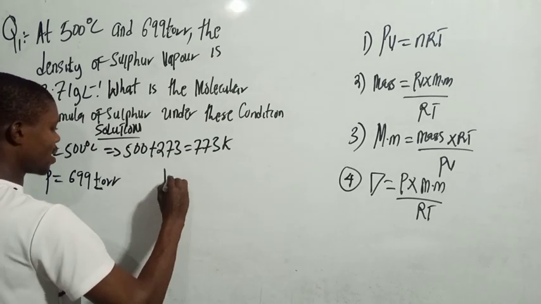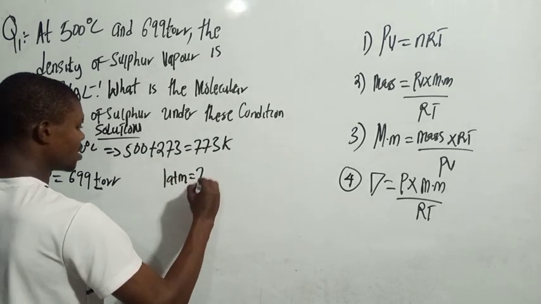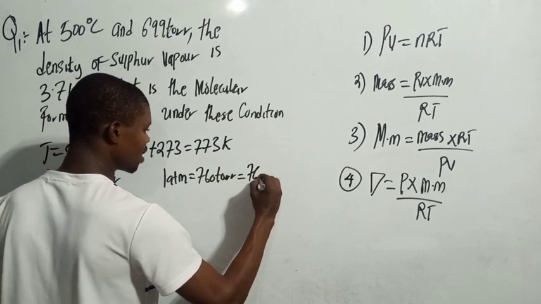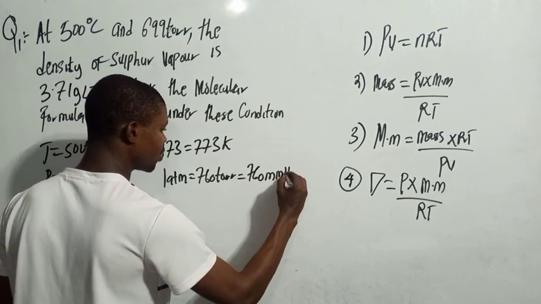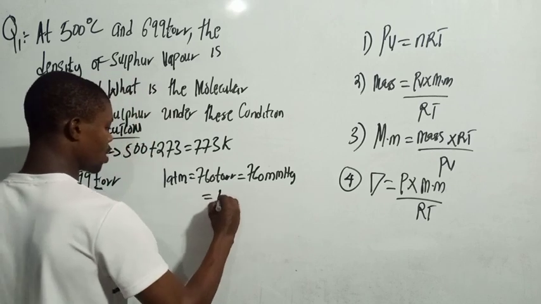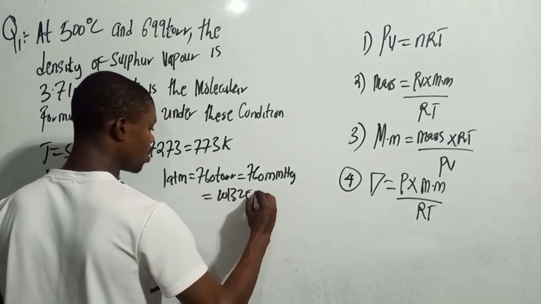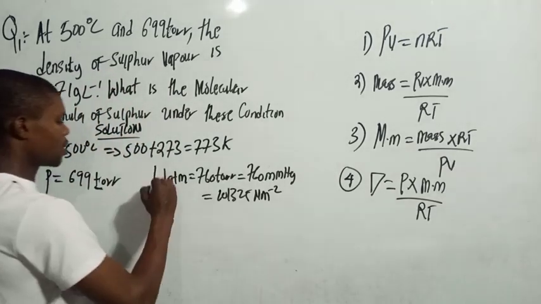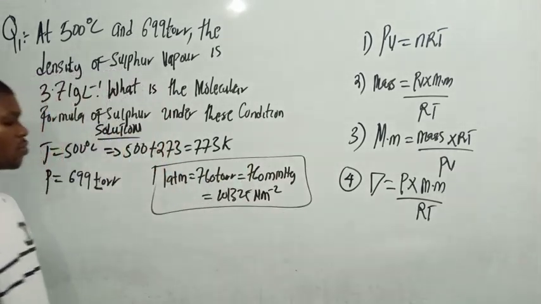We have a relation that links all of them. 1 ATM equals 760 millimeter mercury, which equals 101325 Newton per meter square.